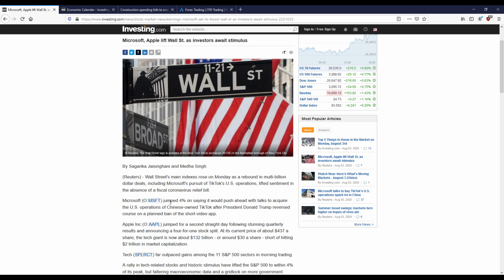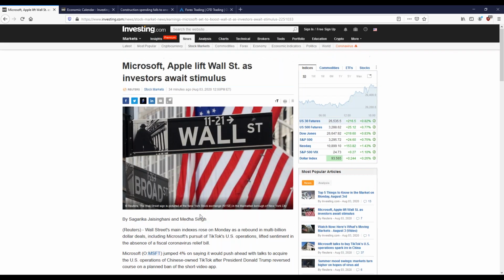So both Apple and Microsoft, very, very bullish today for different reasons. One, because of maybe buying out or taking over the ownership of that app in terms of Microsoft, and for Apple because of stunning quarterly results, as they said. So this being earnings season, they're not the only company that's had good numbers come in tech-wise.